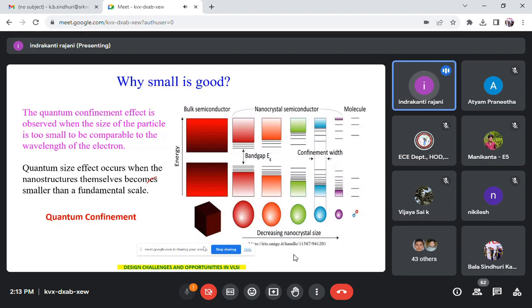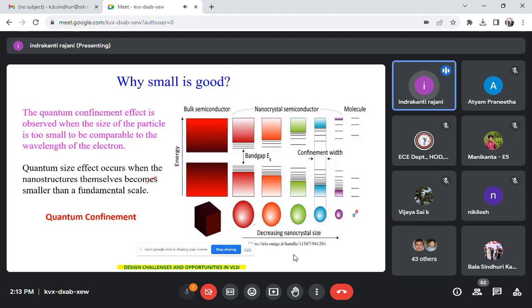Here I can give one more example: gold. All of you are aware of gold, how a gold coin looks. It is yellow in color. The chemical symbol of gold is Au, right?